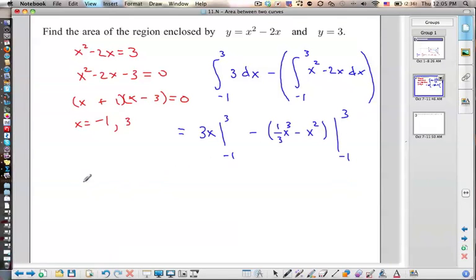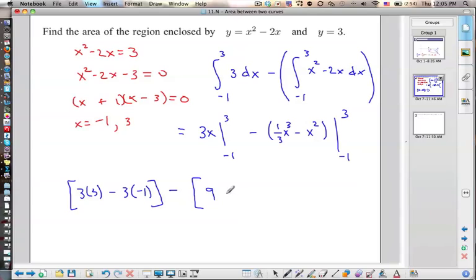Let's keep ourselves very organized here. We have 3 times 3 minus 3 times -1. Minus, plug in 3 here, we get 27, divided by 3 is 9.